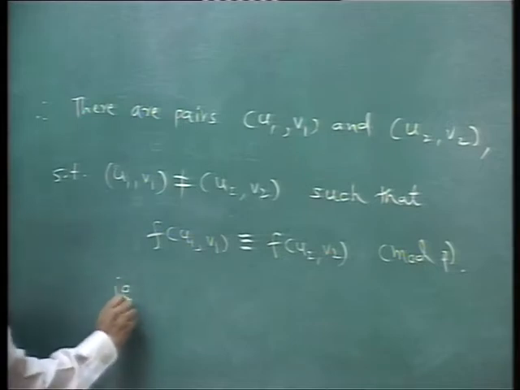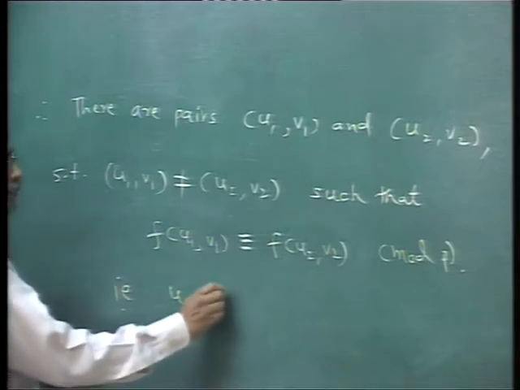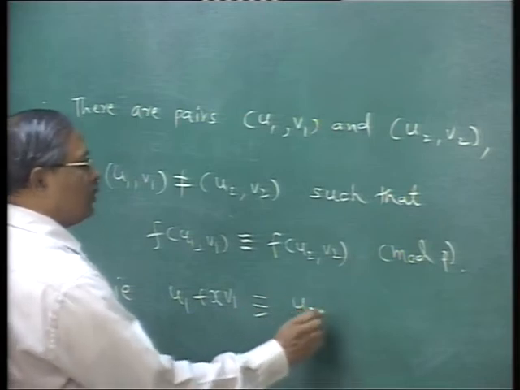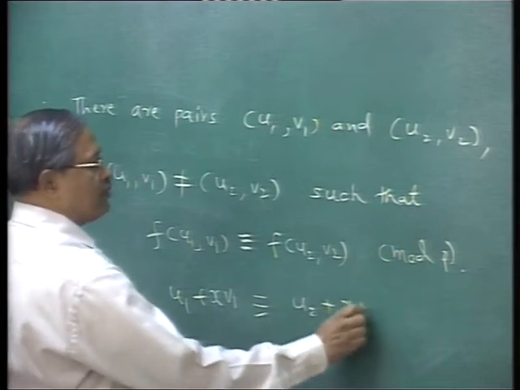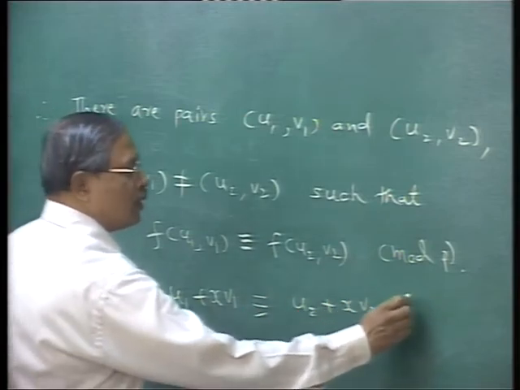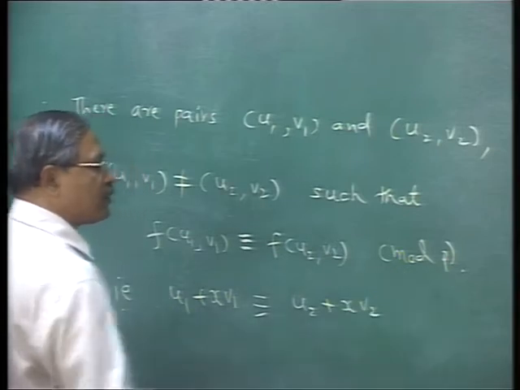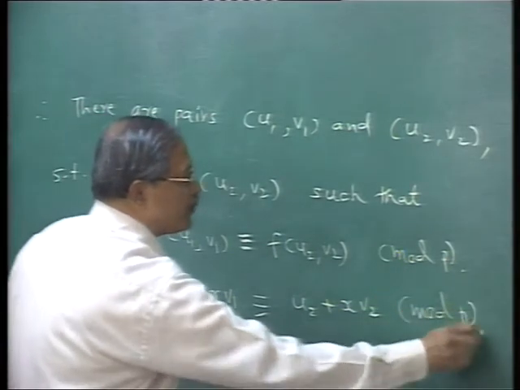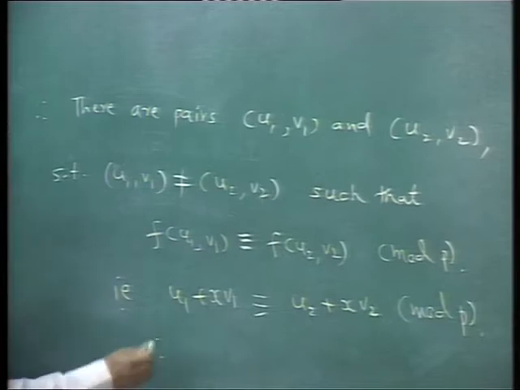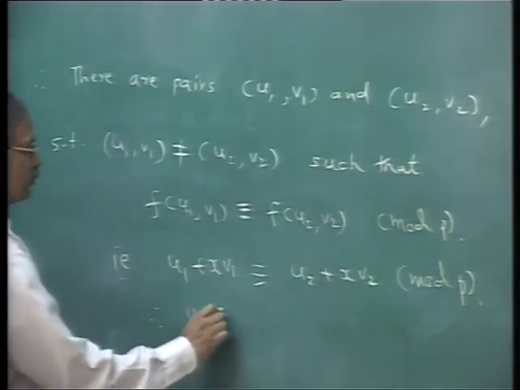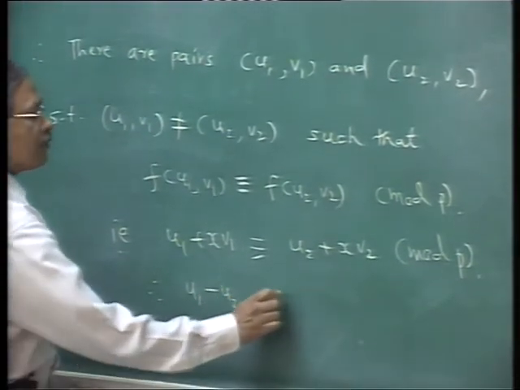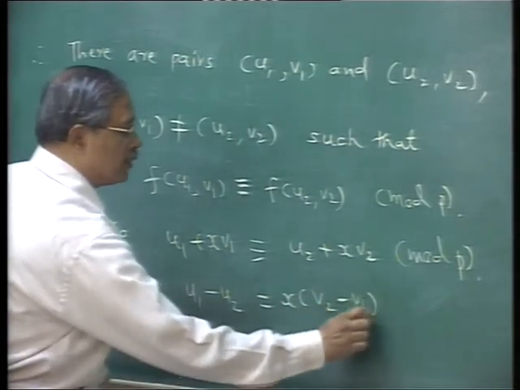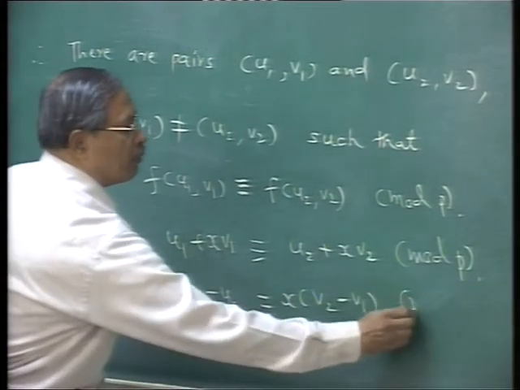That is, u1 + x v1 is congruent to u2 + x v2 mod p. Therefore, u1 - u2 is congruent mod p to x times (v2 - v1).